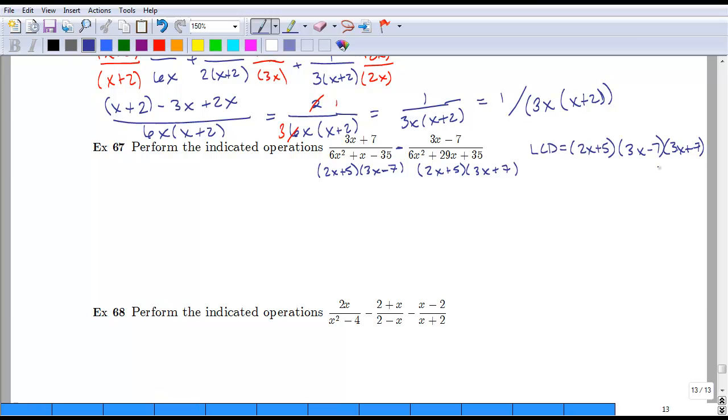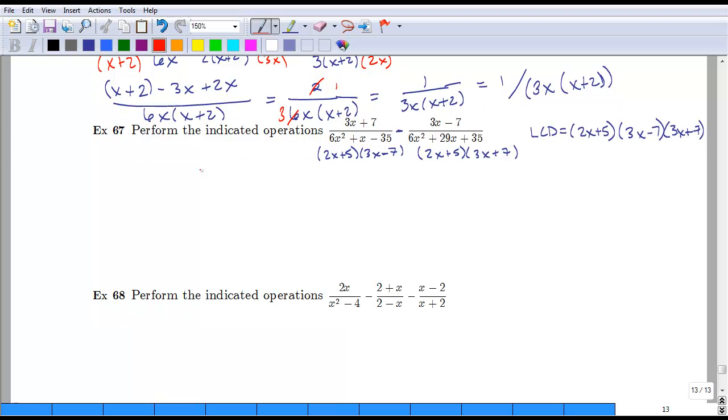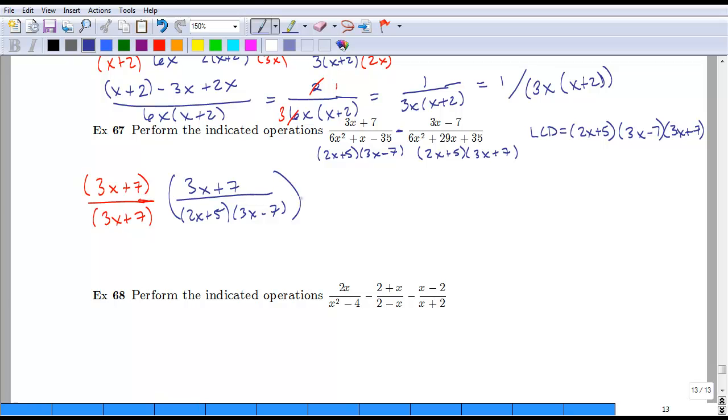So if we go through, we know that our first fraction needs a 3x plus 7 because it's got the minus 7 already. And we need that in both the numerator and the denominator. And so that's going to be multiplied by our 3x plus 7 over our 2x plus 5, 3x minus 7.